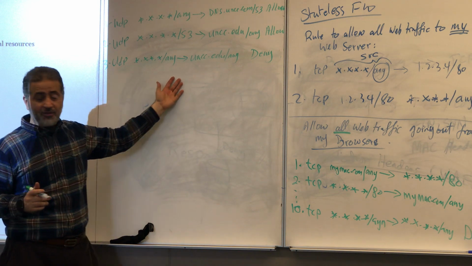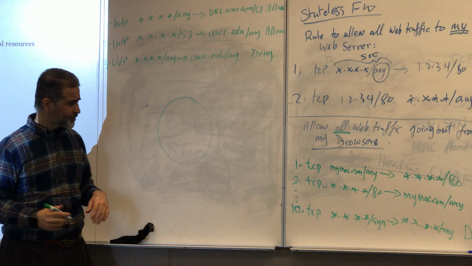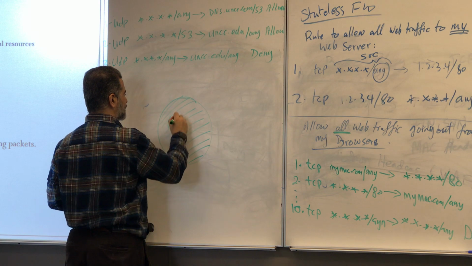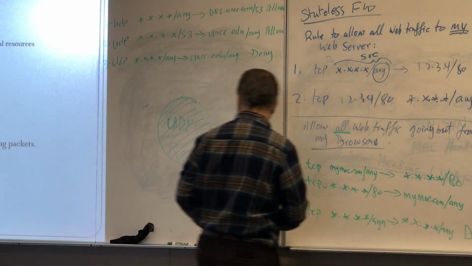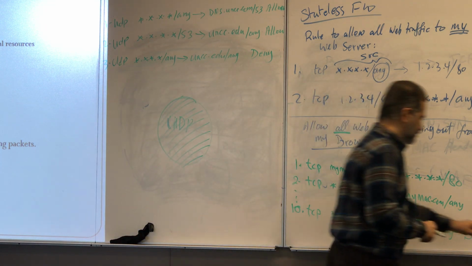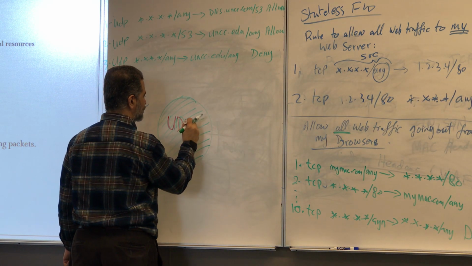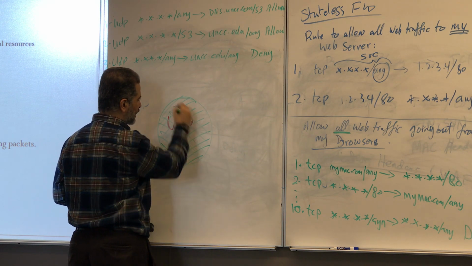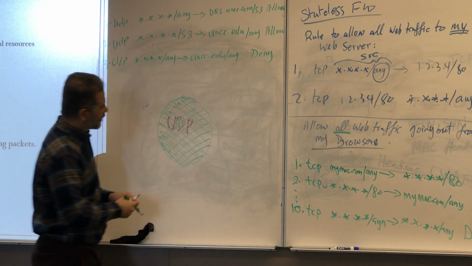I can visualize this like this. If this is UDP traffic, a circle, I like set theory, you deny the entire thing. This is UDP, so this is completely denied. Everything is denied here.